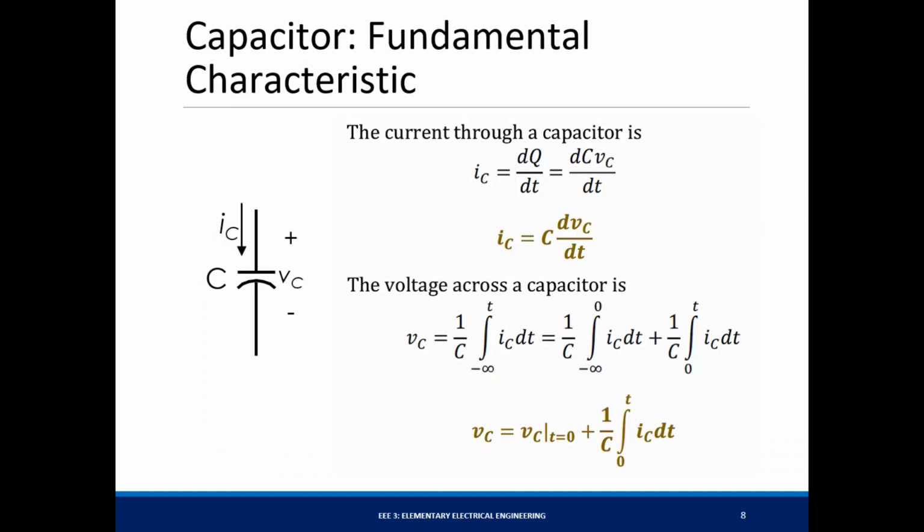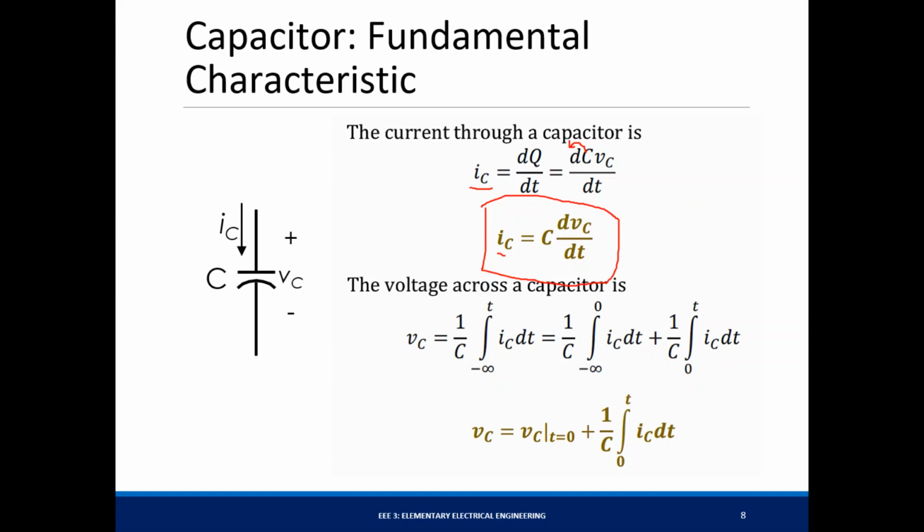The fundamental characteristic of a capacitor is that the current is equal to the change in charge over time, but the charge in a capacitor is equal to its capacitance times the voltage across the capacitor. So since the capacitance is constant, we just factor that out from the differential operator. We get this expression right here.